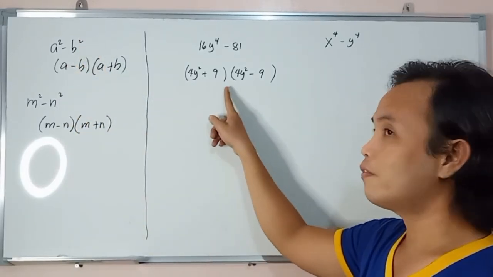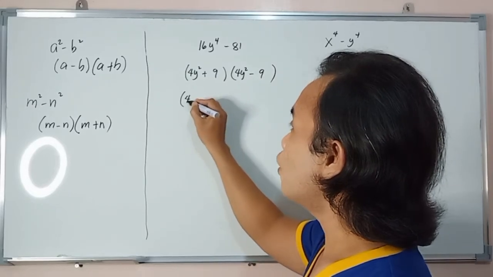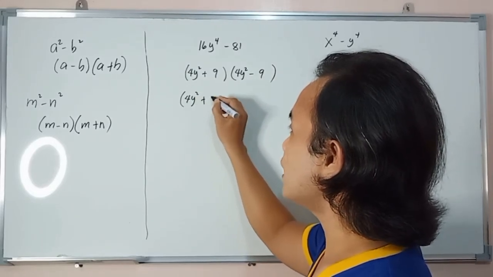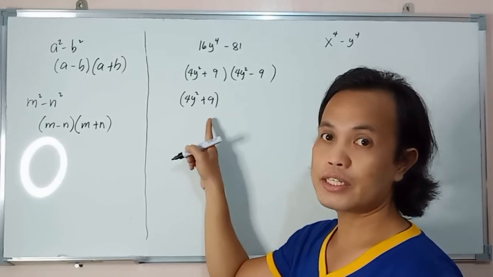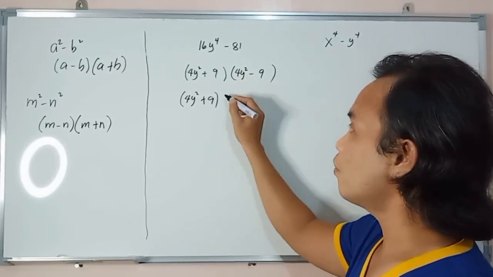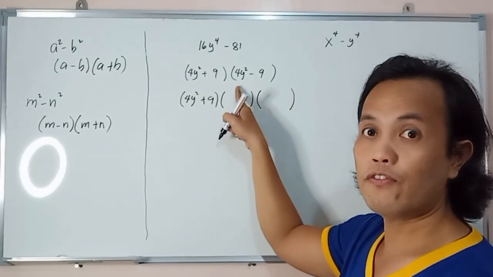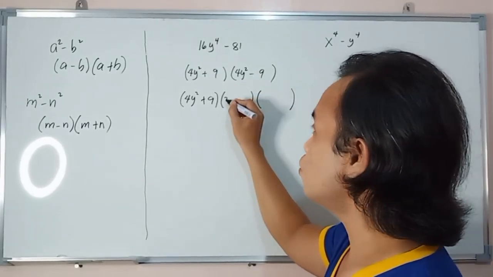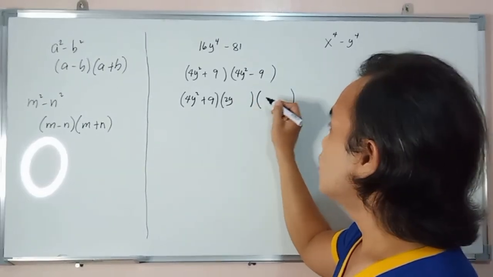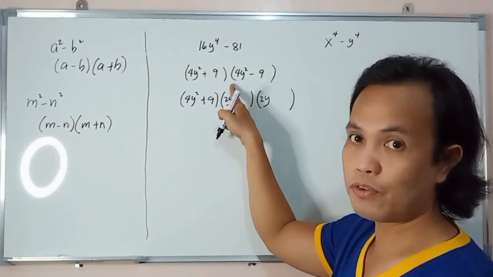There's no problem with the first binomial, so we just simply copy 4y squared plus 9. So we cannot factor this out anymore. Then we have here 4y squared minus 9, so we have these binomials. The square root of 4y squared shall be 2y. Then we write here 2y. 2y times 2y will give us 4y squared.